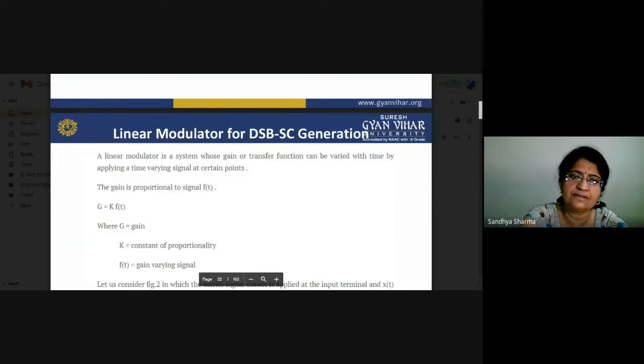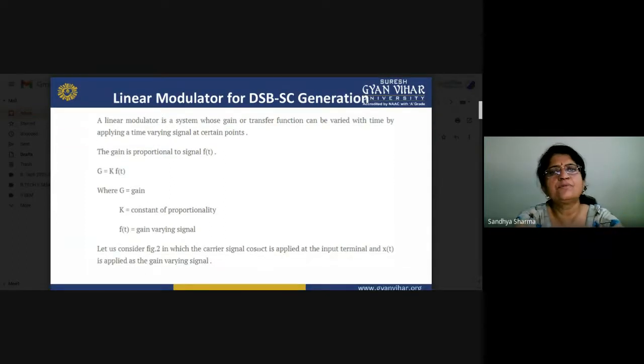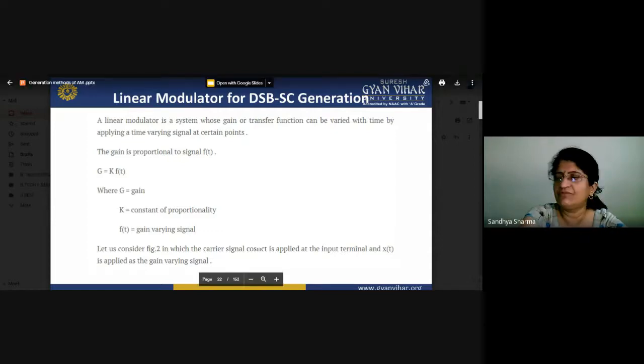A linear modulator is a system whose gain or transfer function can be varied with time by applying a time varying signal. Your modulating signal is a time varying signal, and in the linear modulator the gain or transfer function is varied when we apply the time varying signal.